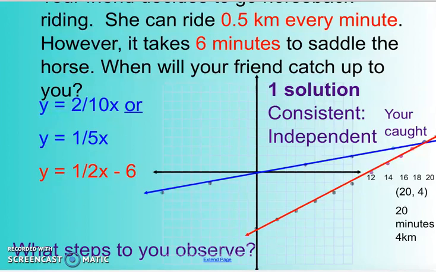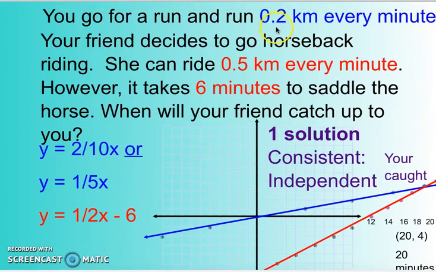Let's start off with the 0.2 kilometers every minute. If I'm creating a linear equation, I'm going to start with y equals, because linear means I can plug in a number for x and get a number out for y. I need an x and a y for my ordered pairs that go on a coordinate grid. So I'm going to start off with y equals, and I need to write 0.2 kilometers.